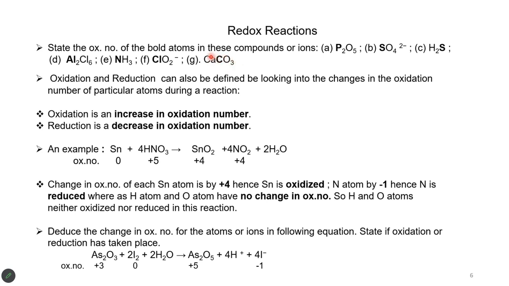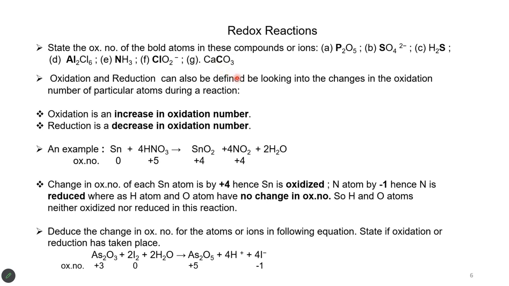Calcium is a group 2 element, so its oxidation number must be +2. Oxygen is not in peroxide or fluorine oxide, so it must be -2. So 3 oxygens is 3 times -2, -6, and then we have +2, so therefore -4 would be the oxidation number of carbon.